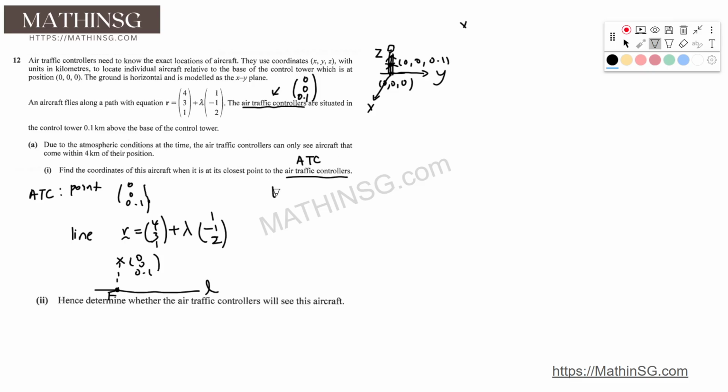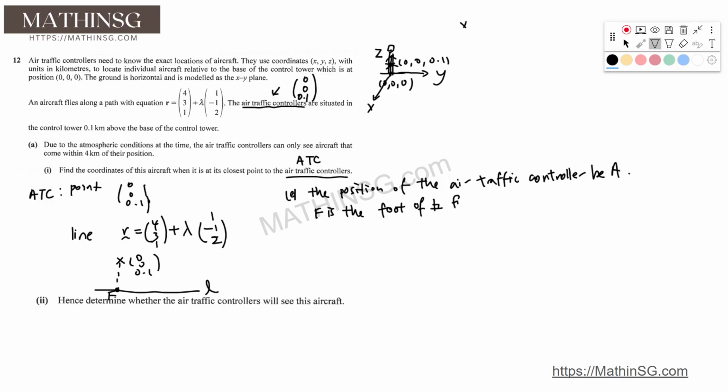So we will let the foot of perpendicular, wait, maybe before that, let me first define, let the position of the air traffic controller be A. Then F is the foot of perpendicular from A to L1, and I'm going to define L1 as this so that later I don't need to write it out.